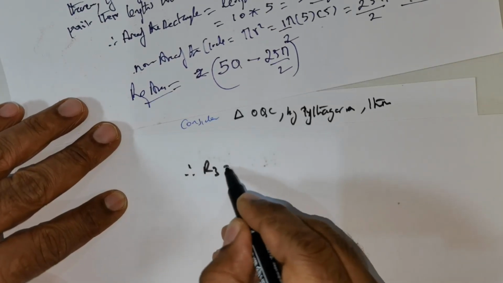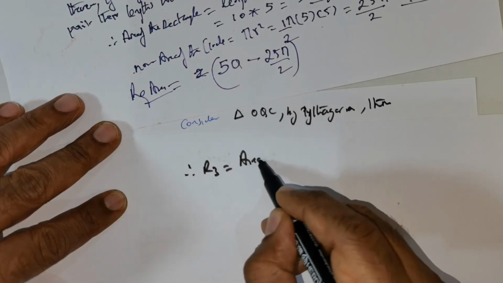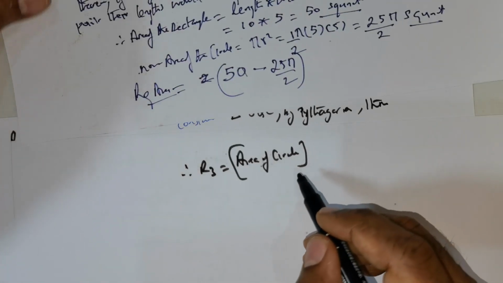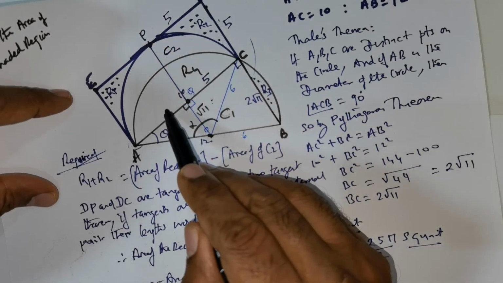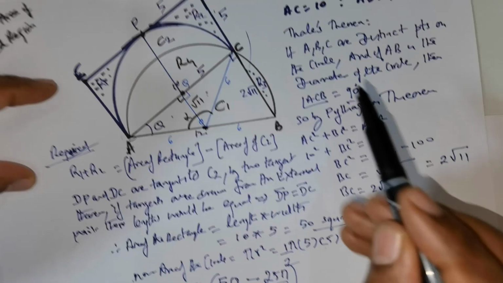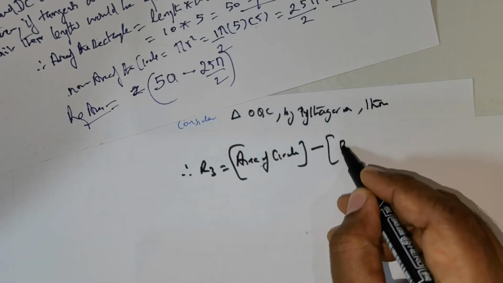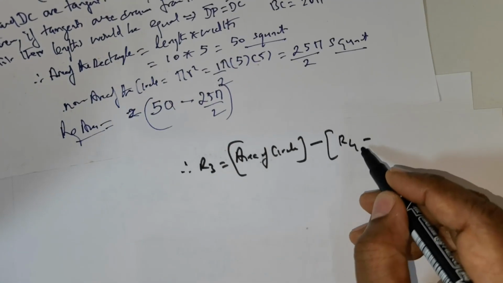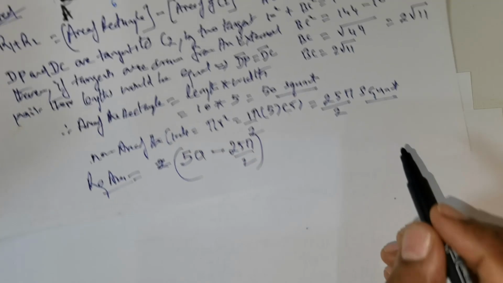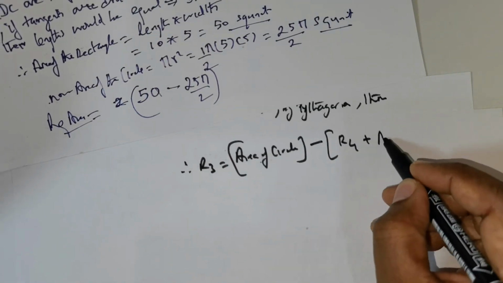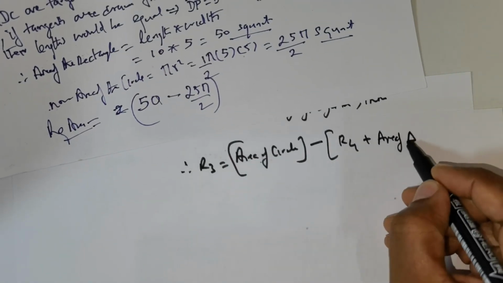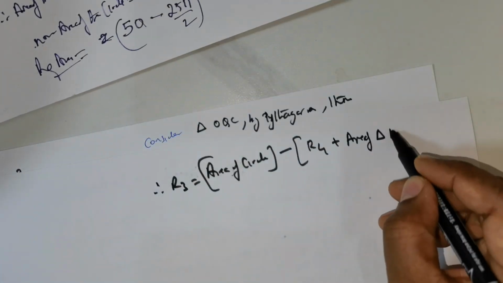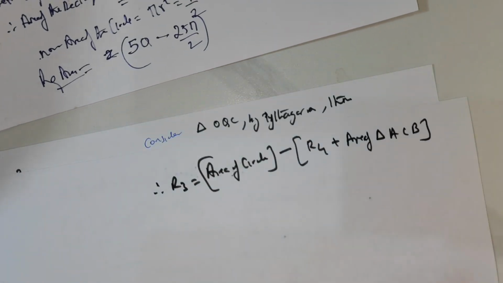Therefore R3 is equal to the area of the circle; from the area of the circle, I take away R4, and then I take away the area of the triangle ACB, right?